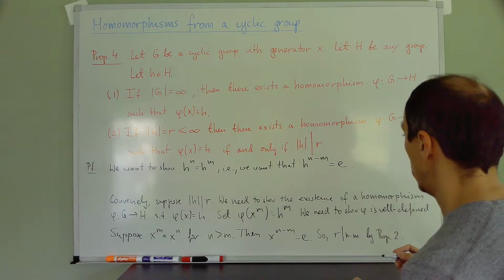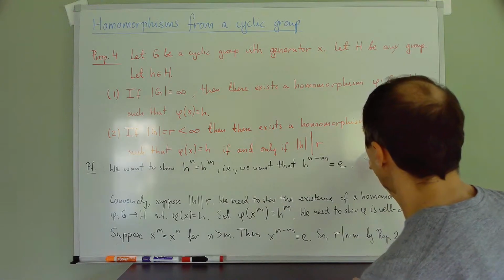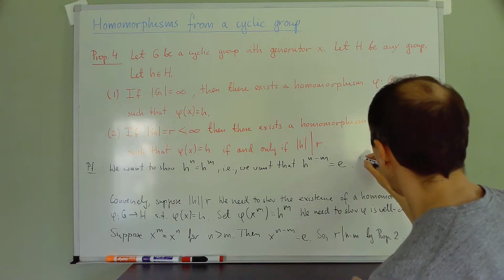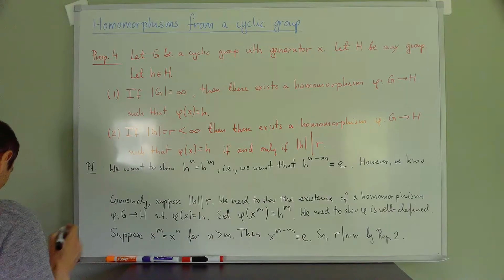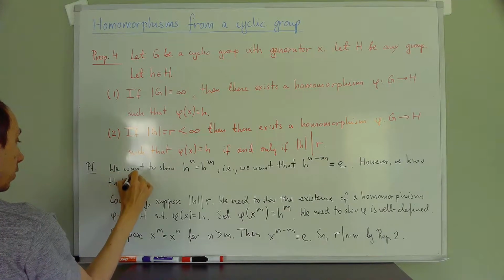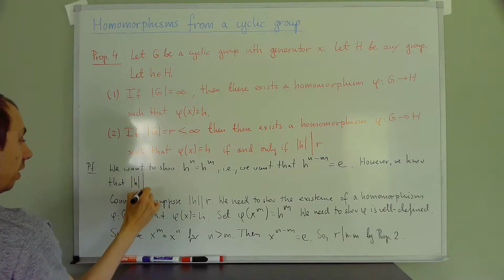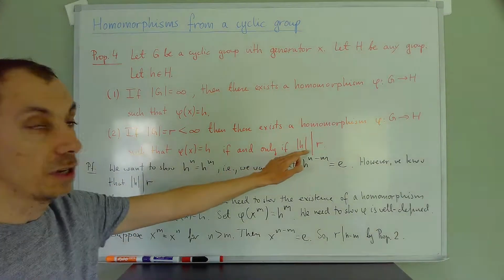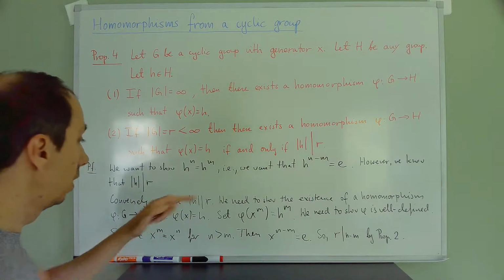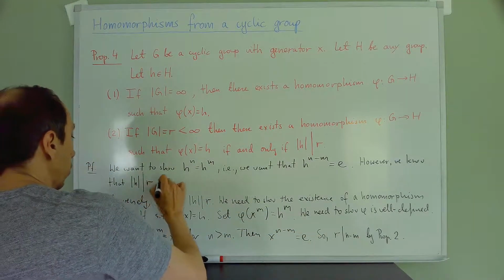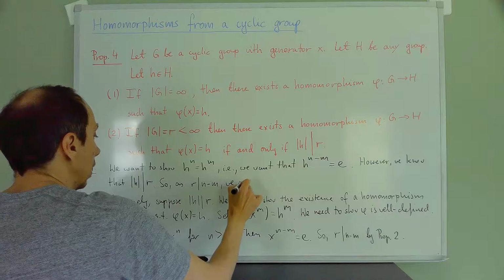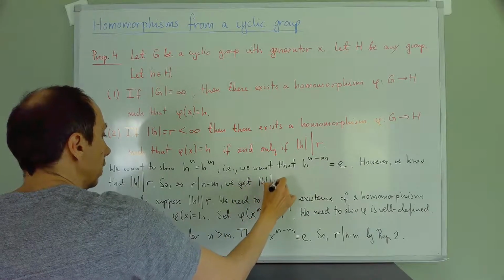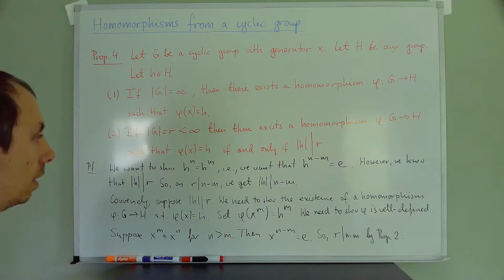However, we know that the order of h divides R. That's our assumption, that the order of h divides R. And then, as R divides n minus m, we get that the order of h divides n minus m.